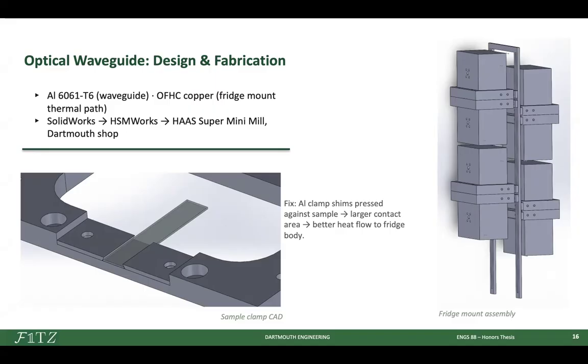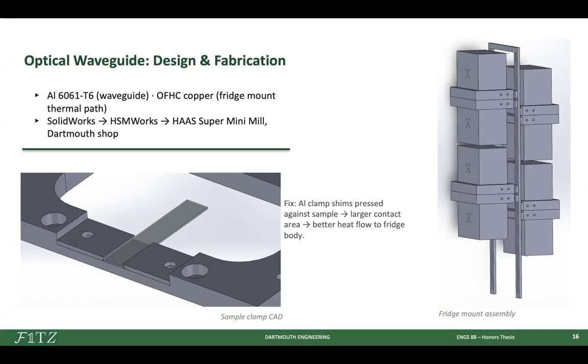And on the right here, we have a design of our fridge mount so that it's able to host more waveguides to run experiments much more efficiently, but also, again, it adds more contact area to the waveguides so that heat can flow out of our system. Now, the waveguides in these middle rings are made of aluminum, but the mount is made of copper.